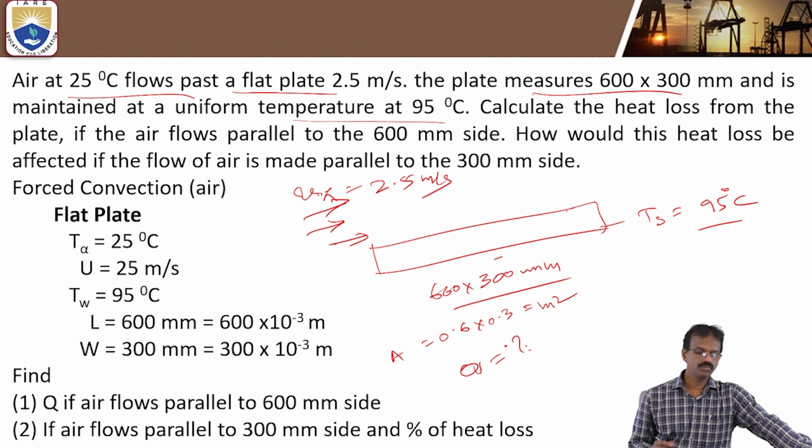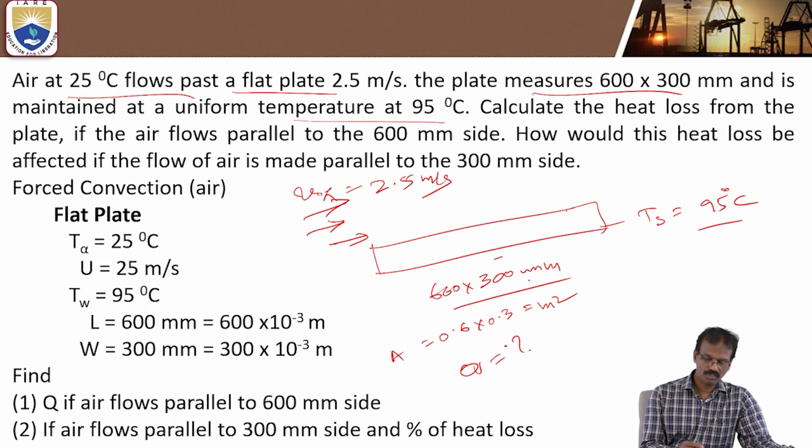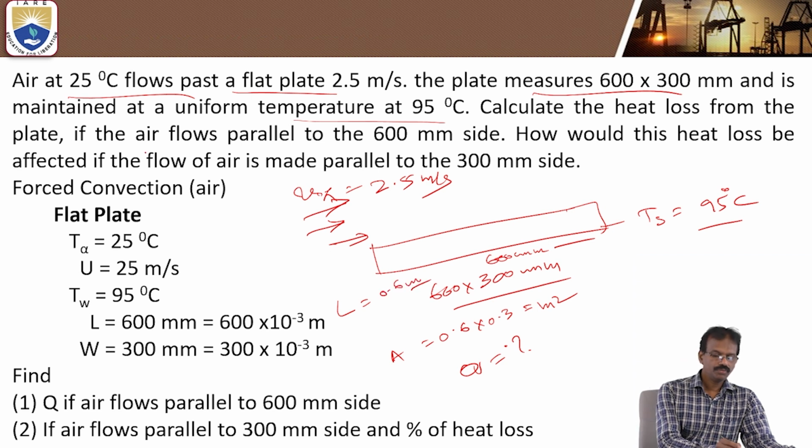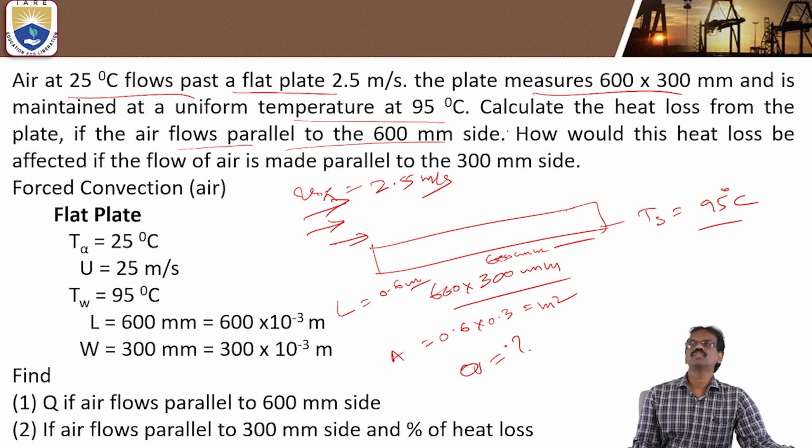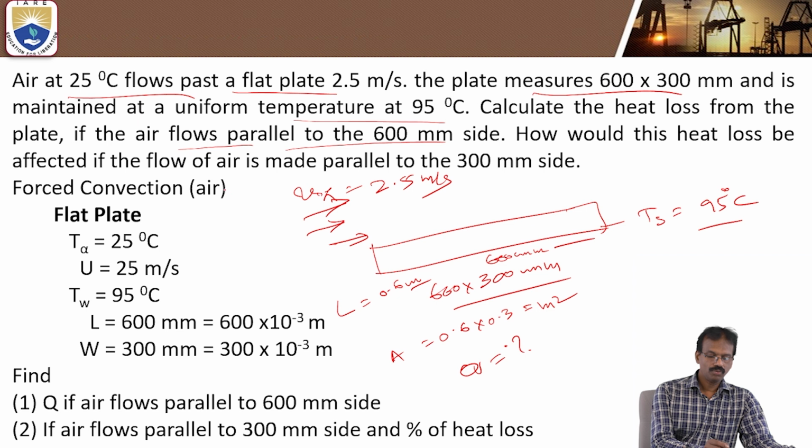If air flows parallel to 600 mm, we just have to consider the lengthwise, so the characteristic length is 600 mm, which means 0.6 meters. How would the heat loss be affected if the flow of air is made parallel to 300 mm?